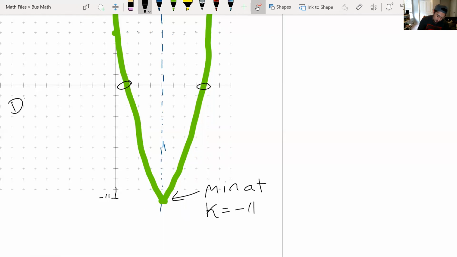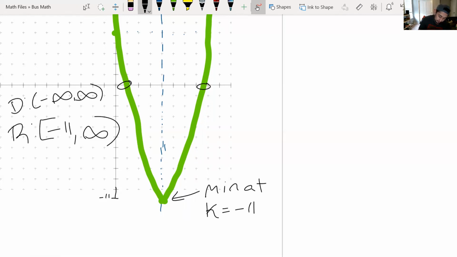Again, domain is still all reals. Range is now different since my parabola opens up. The range starts at the smallest y value, and our smallest y value happens to be at the minimum. So my range will start at -11 and head up towards infinity. There we go. Beautiful.